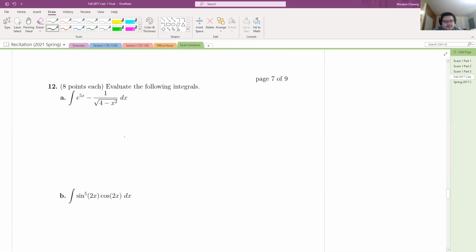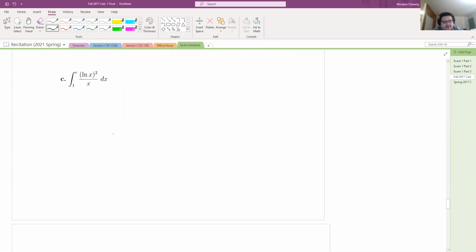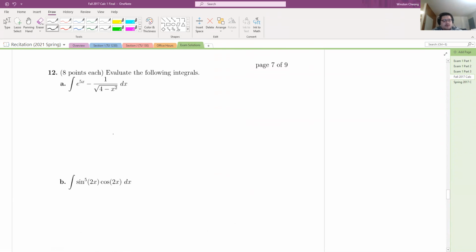All right, integrating. So let's see, how many integrals do we have? Just 3. Okay. So the exponential, that should remind you of a simple u sub. You could use u equals 5x, or you could be familiar enough with it and notice that by guessing this and then taking the derivative, what you end up with is 5 times e to the 5x.